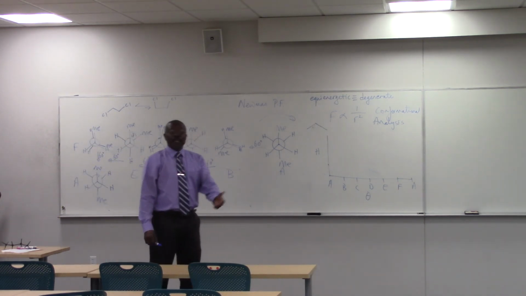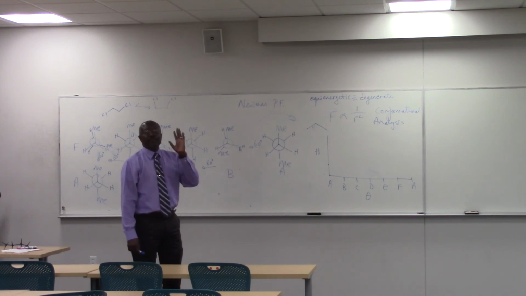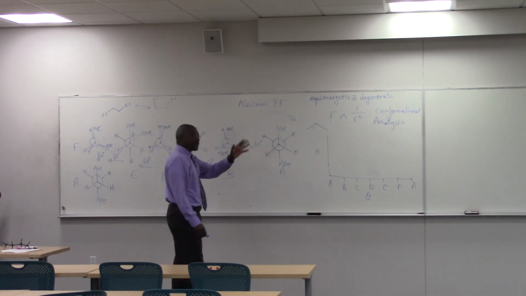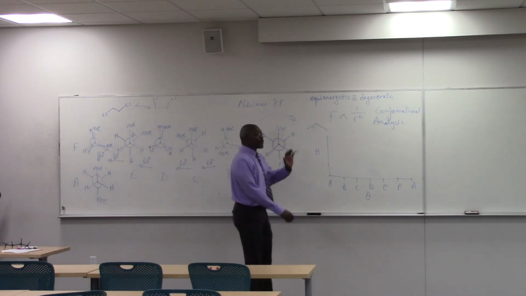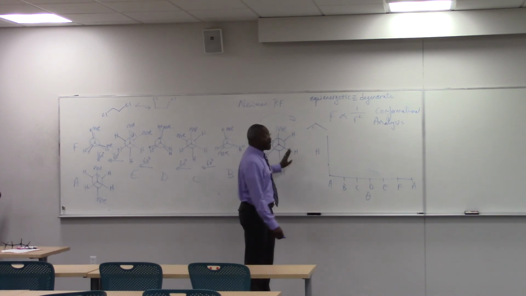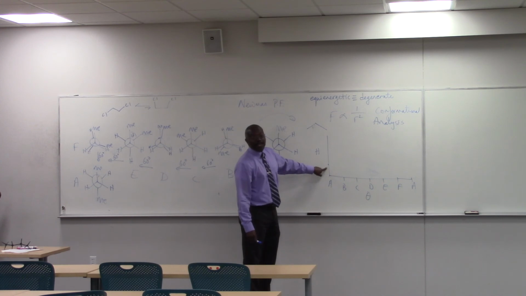I don't know. It's some positive number. And if I were to superimpose the 2 plots, would the energy of the A in butane be the same as the energy of A in ethane? Let's think about it for a second.